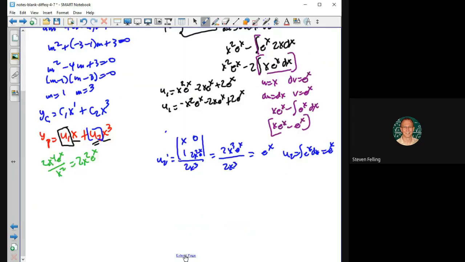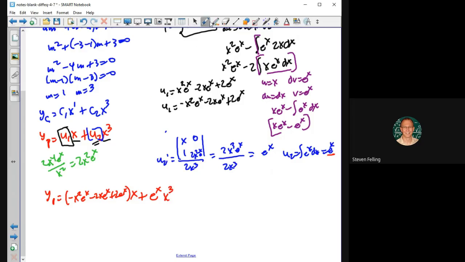And now that we have that, we can write our particular solution out. Yp is the u1, which is this thing here. So we've got negative x squared e to the x minus 2x e to the x plus 2 e to the x. And then that whole thing is times an x, plus u2, which is e to the x, right, times x cubed.